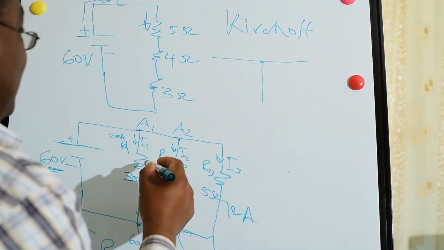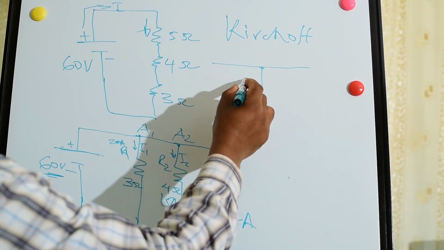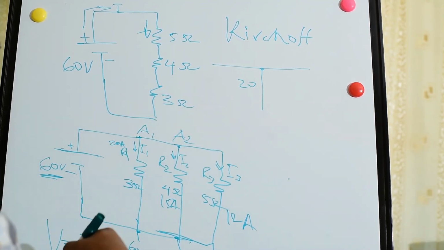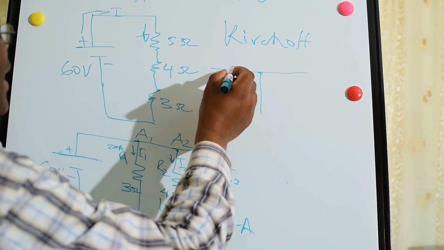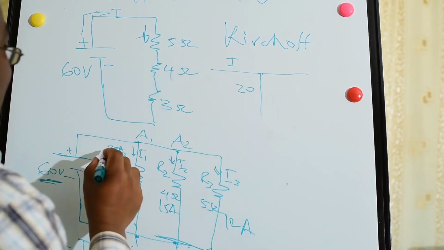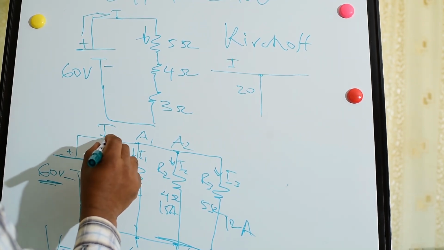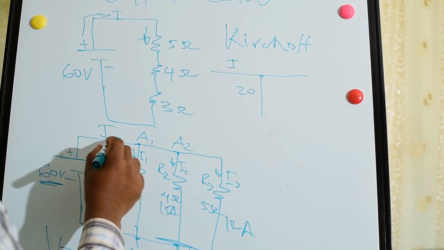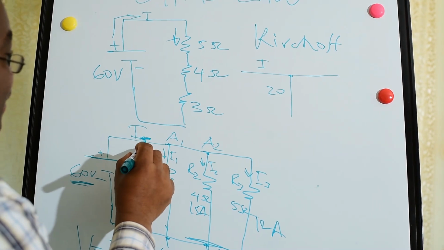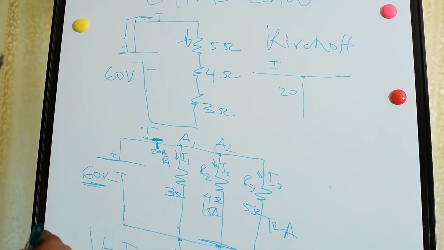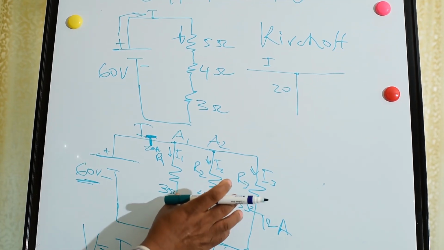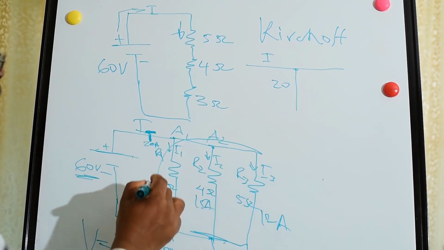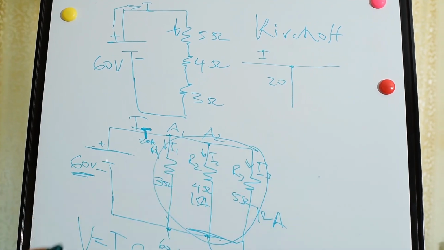The current in this branch is 20, and we have to find the total current, the current which flows here. We can find it by finding the total resistance.